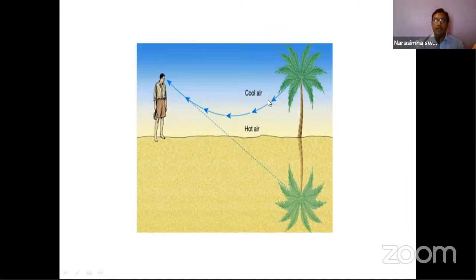The reflected ray from this object enters the eye in this direction. So the eyesight direction will be in this direction. So the person can see the image over here, because the distance is very long. Then it appears like that shade, and this is called mirage. Originally it's not real. So this is called mirage.